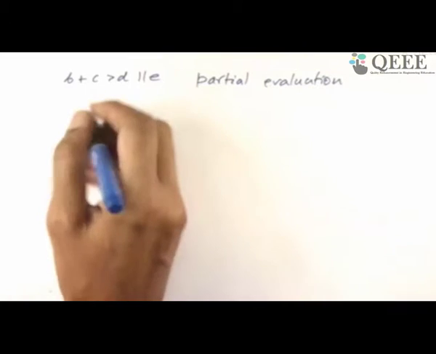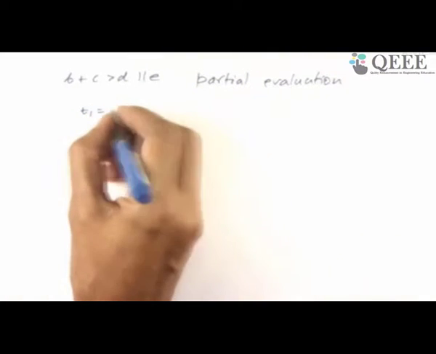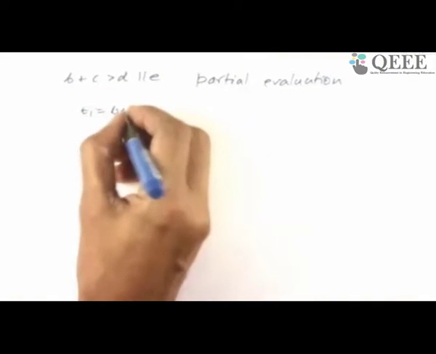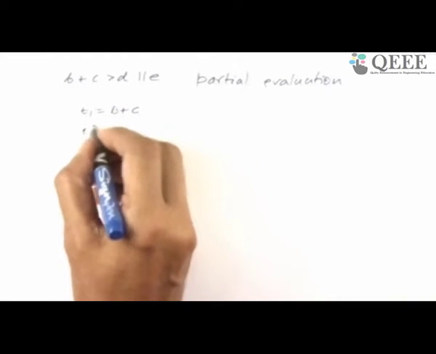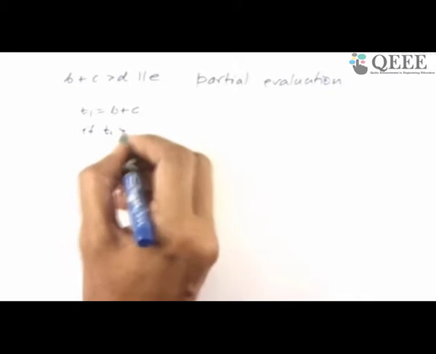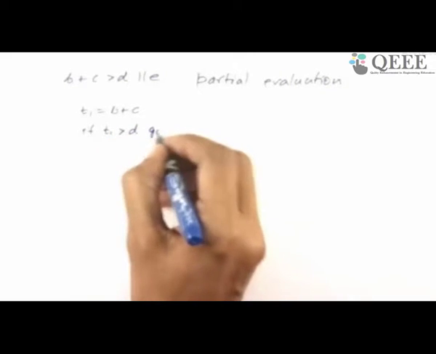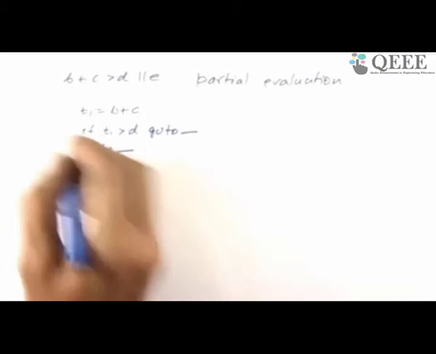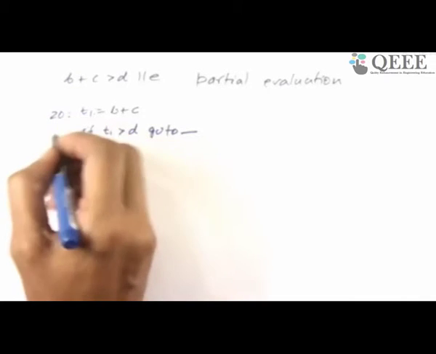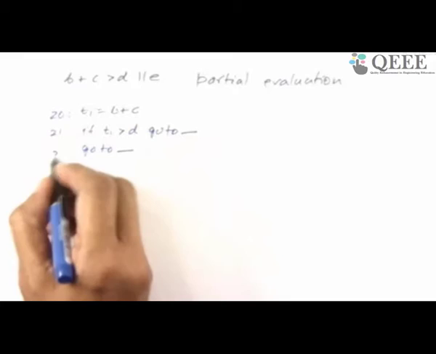So I'll go the usual way. I will of course assign T1 assign B plus C, I have no choice out there. And of course I will do if T1 greater than D, go to somewhere, this could be 20, this could be 21, and this could be 22.